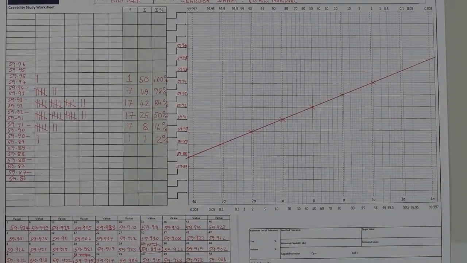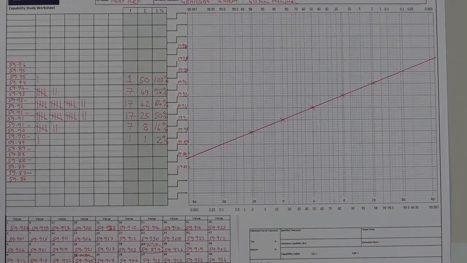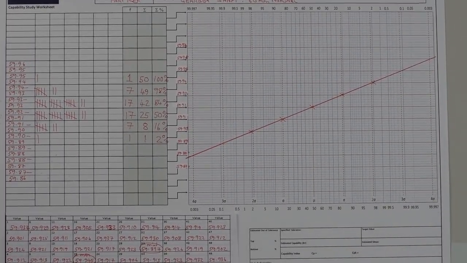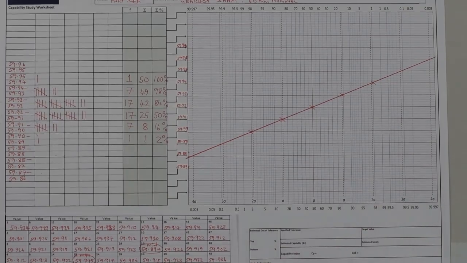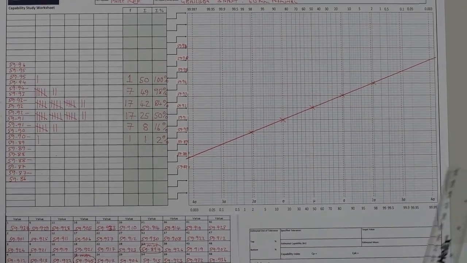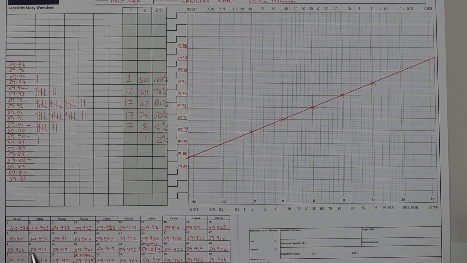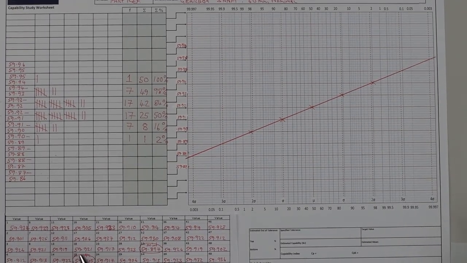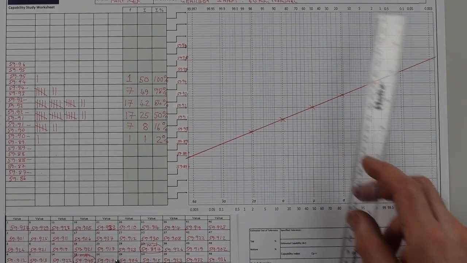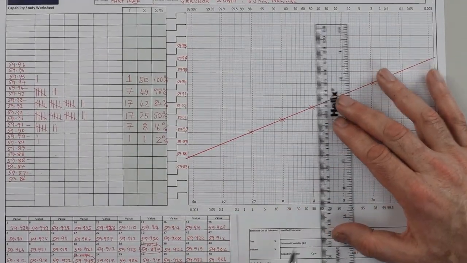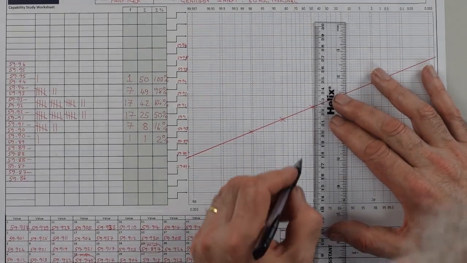We have now completed the data plotting on our chart, and we can now read important values from the chart and fill in the rest of the sheet. First thing we can do is find out what the mean value of our plot is. The mean value is indicated at mu at the bottom of the chart.